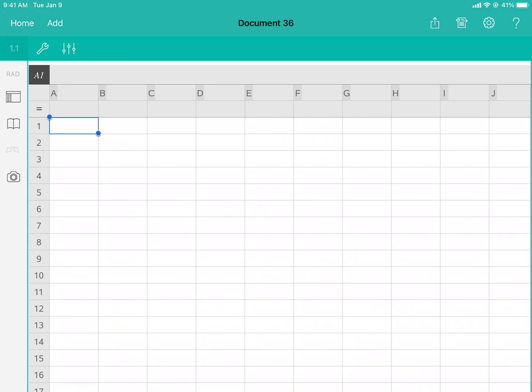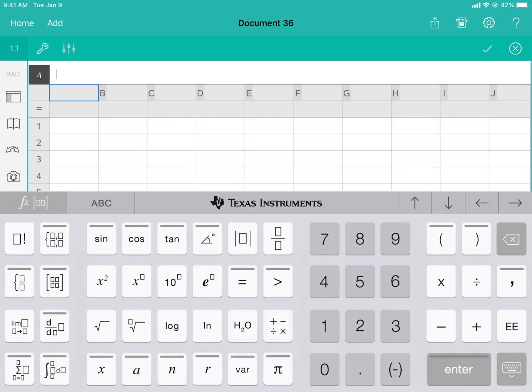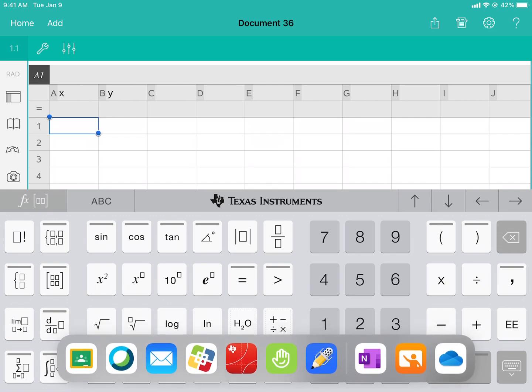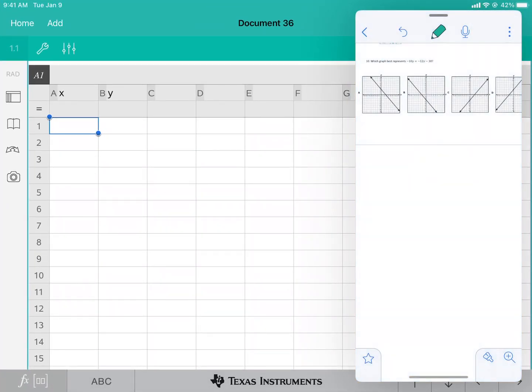Okay, so we're going to do a little bit of setting up first. So right next to A, we're going to type in X and press enter. And right next to B, we're going to type in Y and press enter. Okay, I'm going to skip that row that has the equal sign. And now I'm going to put my notes on top so I can see them.